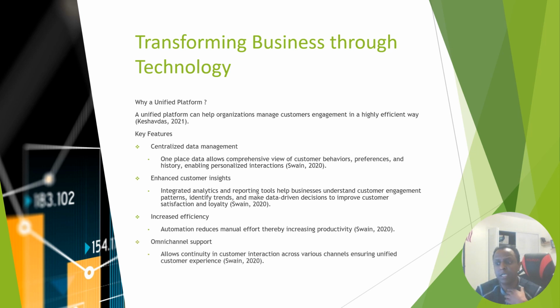The omni-channel support. So what do we mean by omni-channel? We have different platforms or channels to communicate with our customers. We use this unified platform to consolidate different channels into one, which allows continuity in customer interaction across channels.